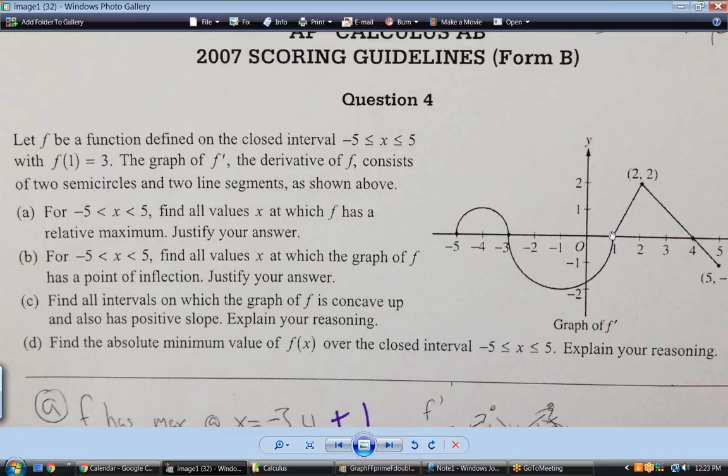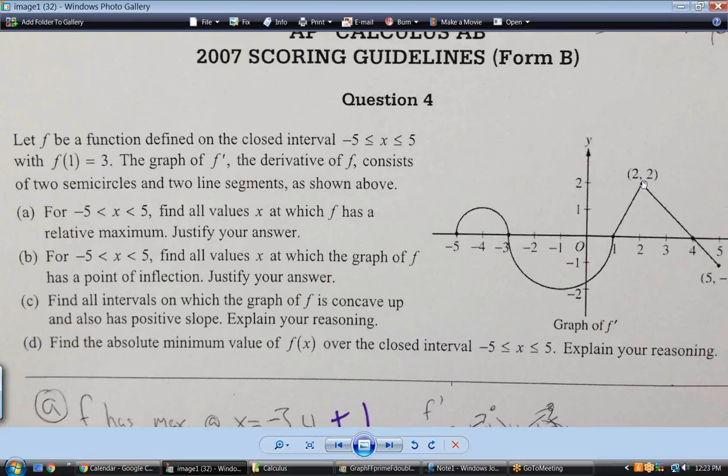It's still concave up from here to here and has a positive slope. And it's concave up from there to, no, hold on, excuse me. It's concave down. So our interval for the first part of C was from -1 to 2, but now we know for it to have a positive slope, it's only from 1 to 2.